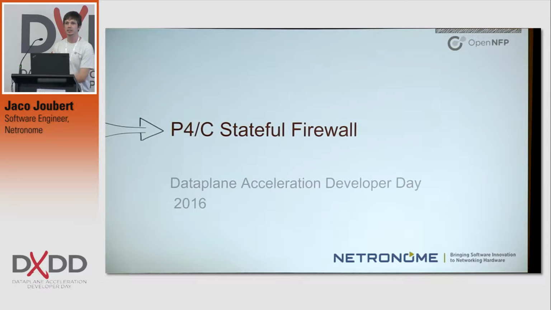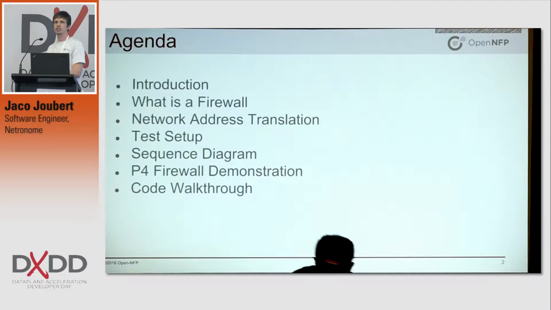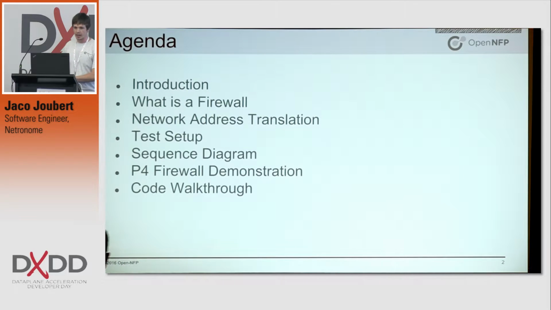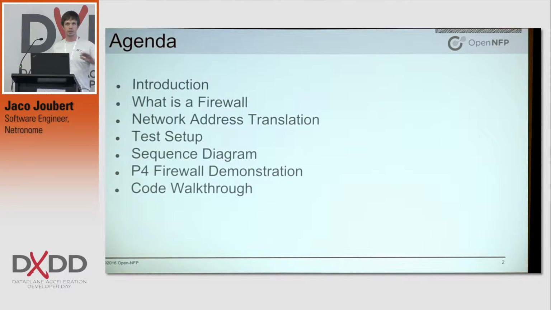Okay, so I'm based in Centurion in South Africa, and I'll be showing you the Stateful Firewall that we developed using the Netronome software development kit, the one you're getting access to today. Just to get everybody on the same page, I will quickly give you an overview of the firewall and the network address translation. Then I will show you the specific setup we have for the demo today, as well as a sequence diagram to show you what happens to the packet at which time during the process.